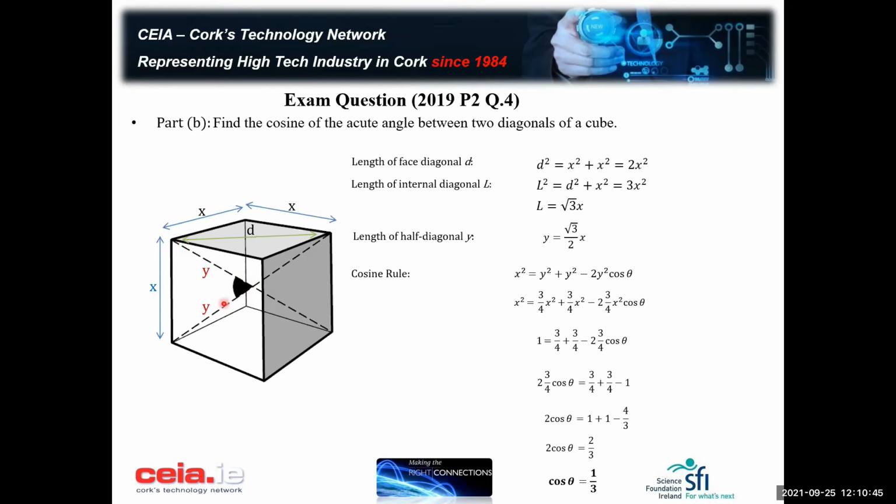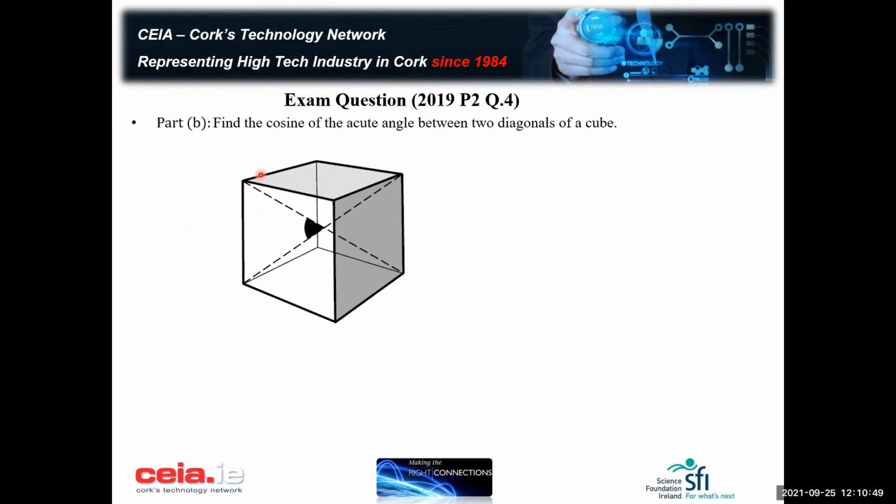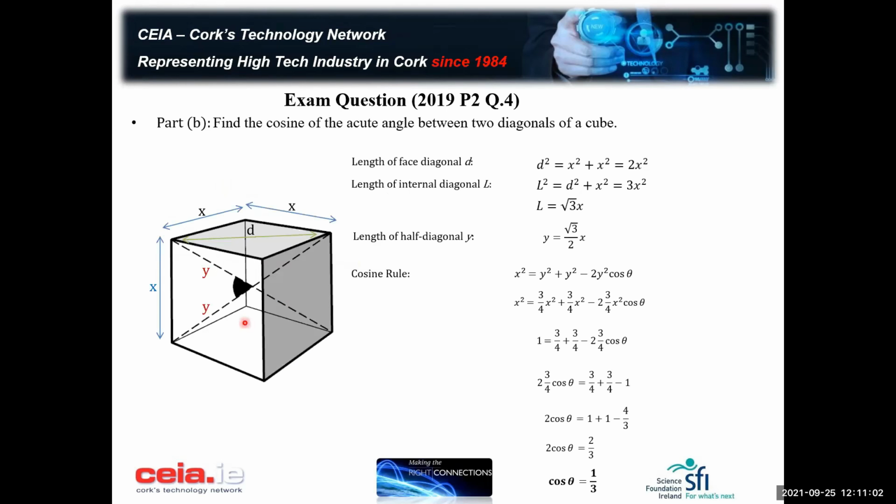So you can form this triangle that they've shown you originally in the question. If we can work out the length of the three sides of this triangle, we can use the cosine rule to work out the cosine of this angle. So that's the strategy. Let's work out the length of the three sides.